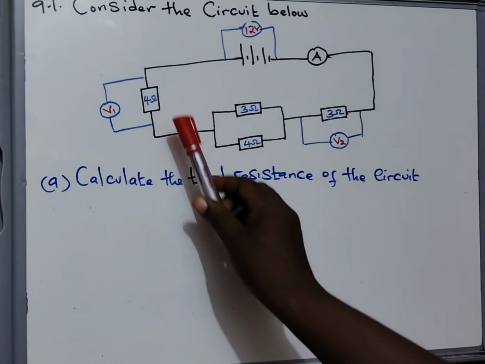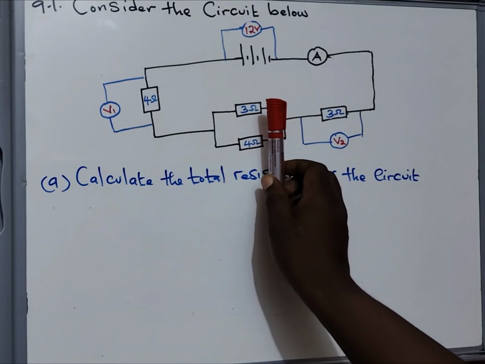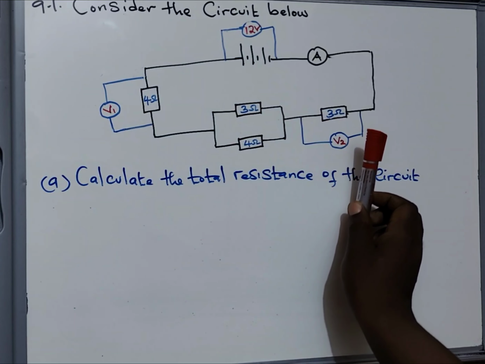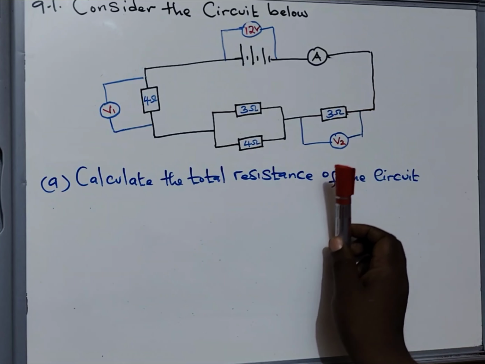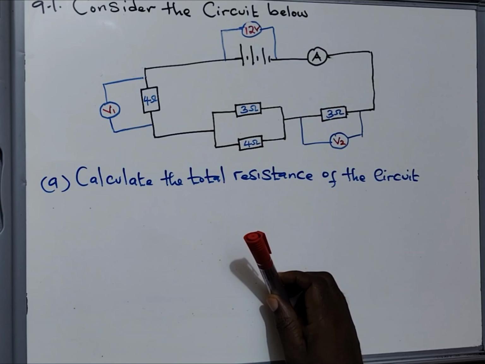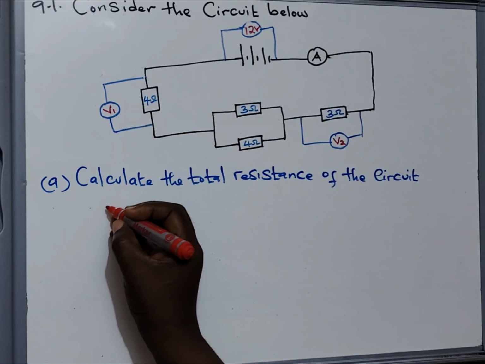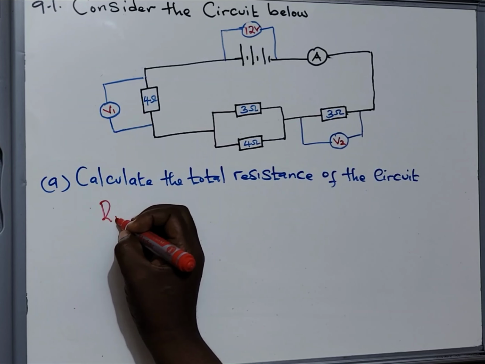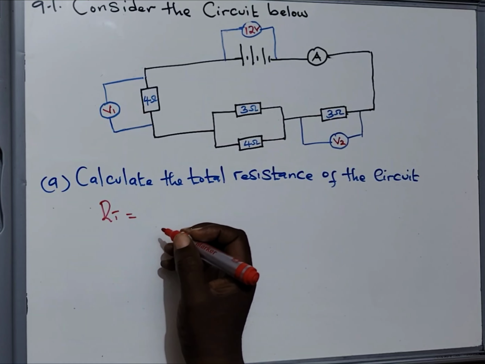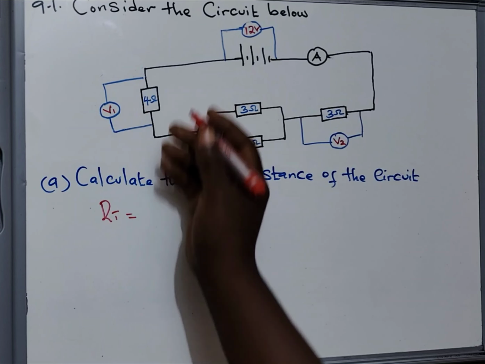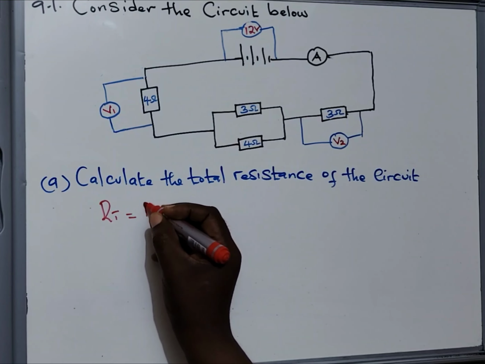Okay, when you analyze the circuit, you have this 4 ohm resistor, this parallel network, and this 3 ohm resistor. And then what are we supposed to do to calculate the total resistance? This is what you have to know from this arrangement: the total resistance, we start with this one, is equal to RS.